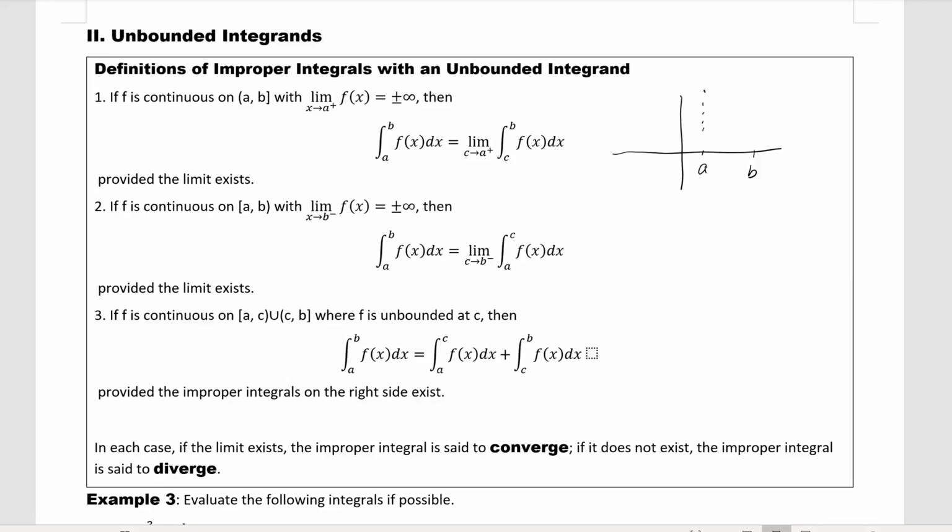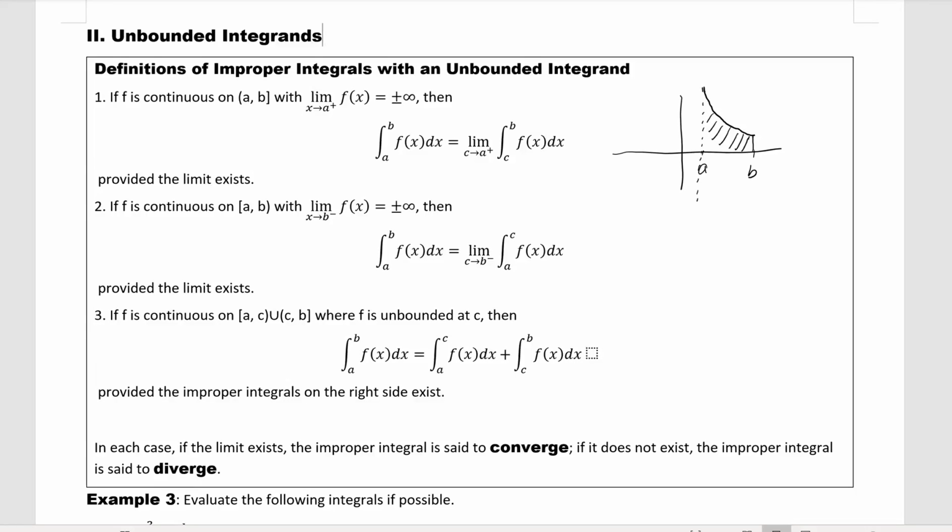Imagine, for example, there is a vertical asymptote here, so the function looks like that. What we're looking for is the area under the function over the interval from a to b. And we can see a is an improper value, the f blows up at a.